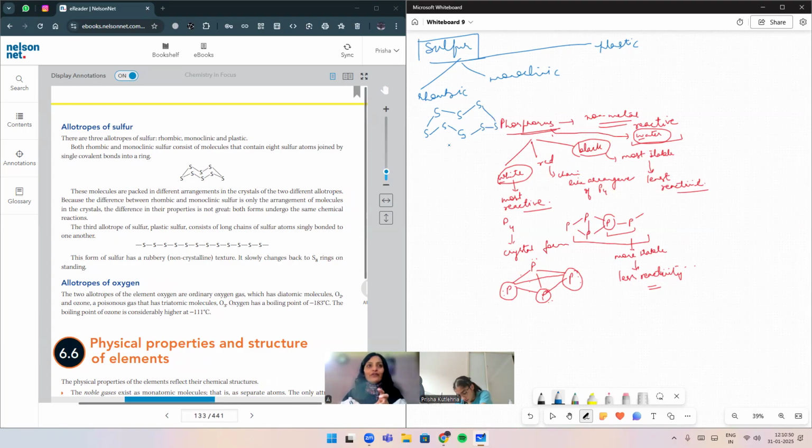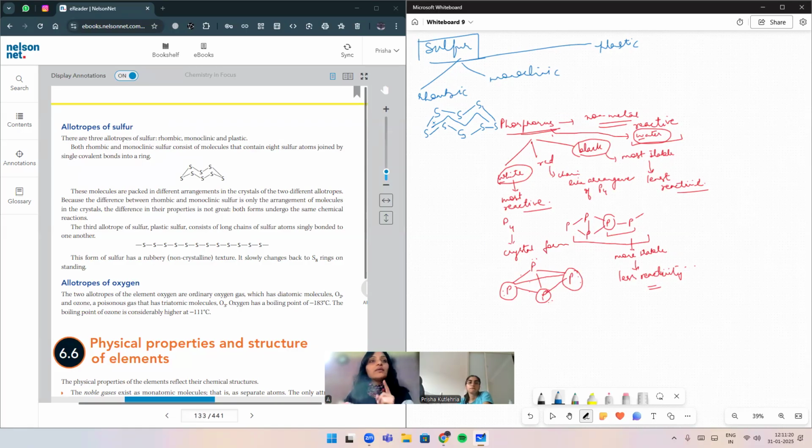So this is a kind of M you're forming if you just see this. So there is covalent bonding, and it's a ring-like structure. These molecules are arranged in different crystals. So the arrangement of molecules will be slightly different in rhombic and monoclinic allotropes, but the difference in their properties is not that much, because they undergo the same kind of chemical reactions.